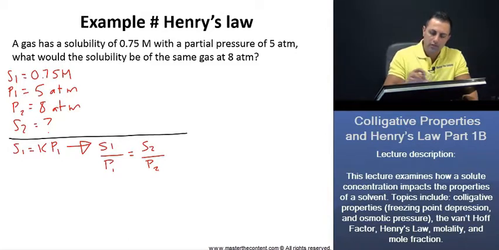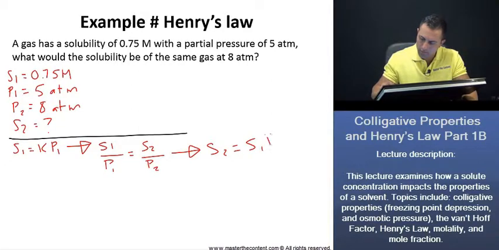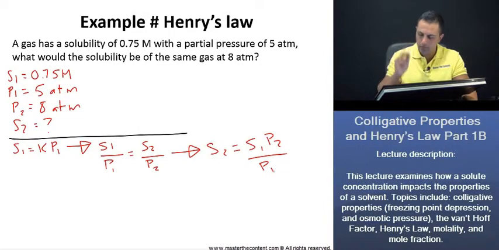And now if we just isolate for the value that we need, that being the solubility at 8 atmospheres, we end up with the following equation, where we have the partial pressure at 8 atmospheres over the partial pressure of the initial solubility.